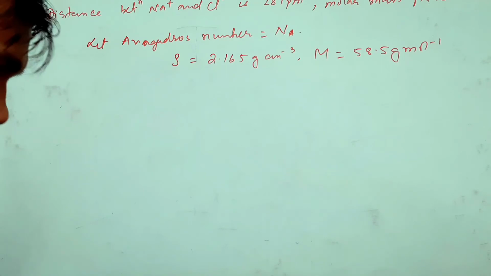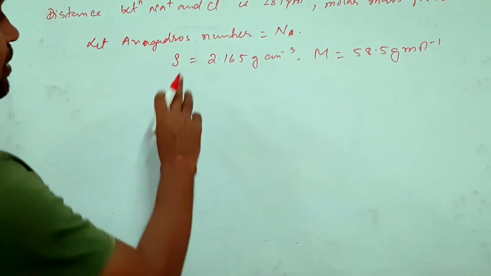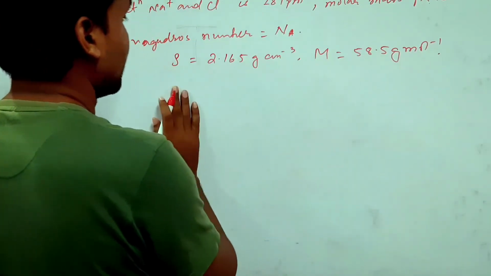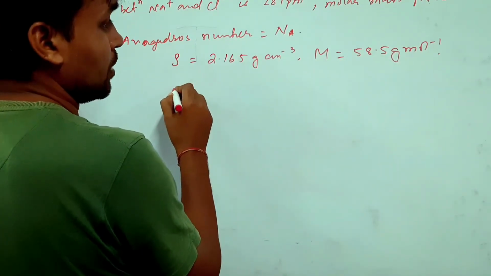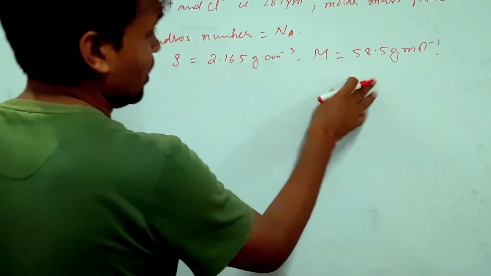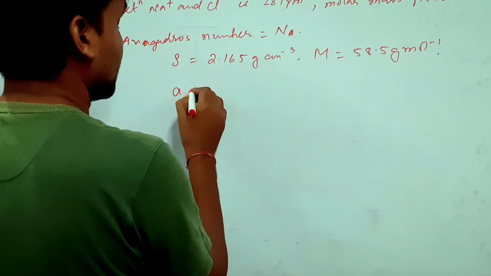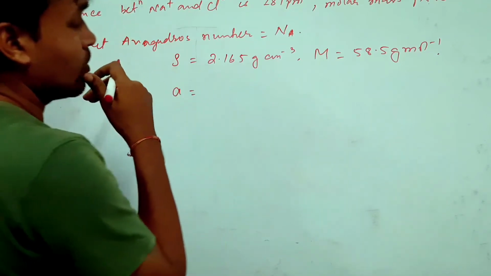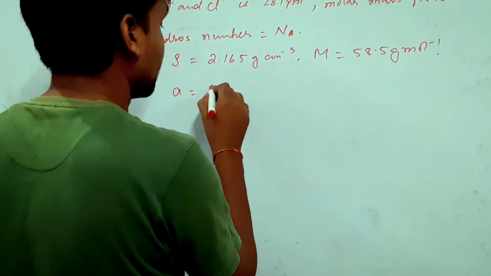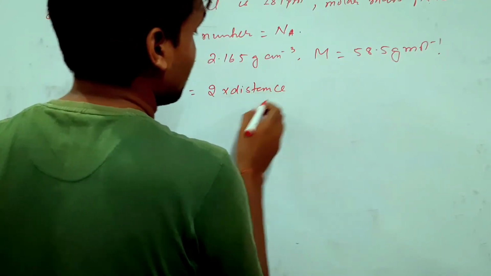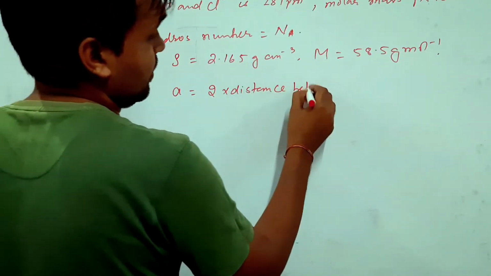After that, we have written rho and M. Molar mass we have already got, and rho we have already got. Edge length we are going to find out. What will the edge length be? Edge length is twice the distance between the ions.